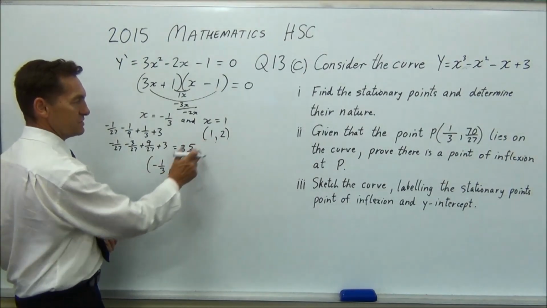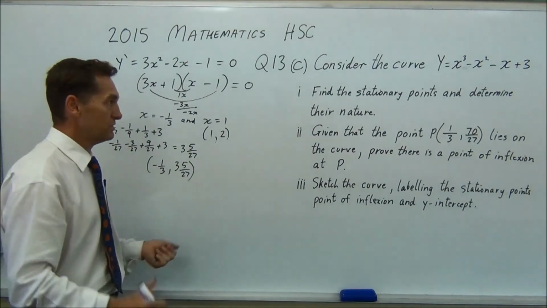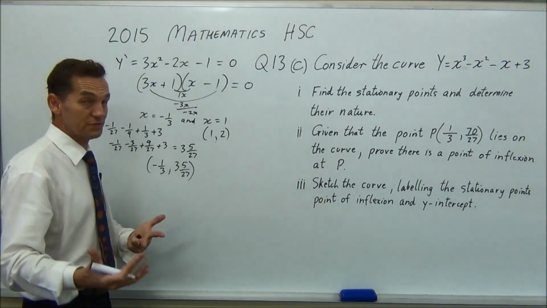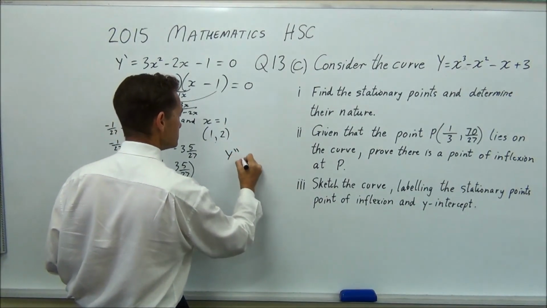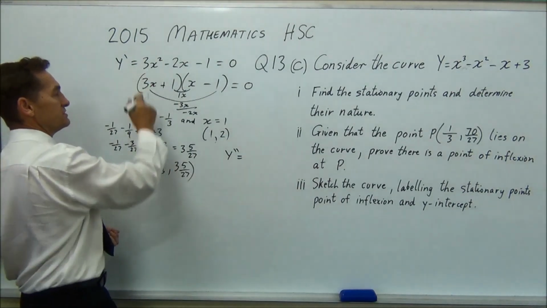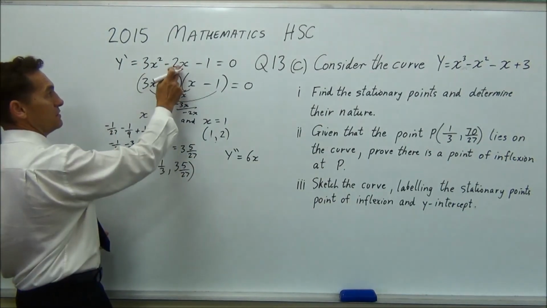So there are your two stationary points. What are their nature? Well, how do you figure out the nature of a stationary point? You've differentiated once, which is a hint. You should differentiate again. So y double dash equals, just differentiate that. 2 goes in front and we get 6x minus 2.